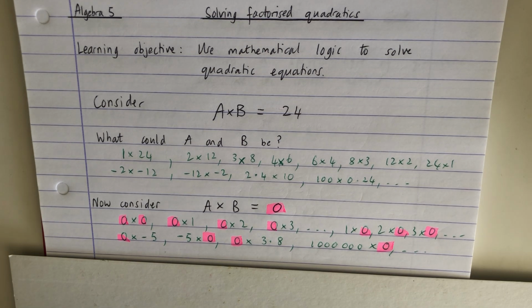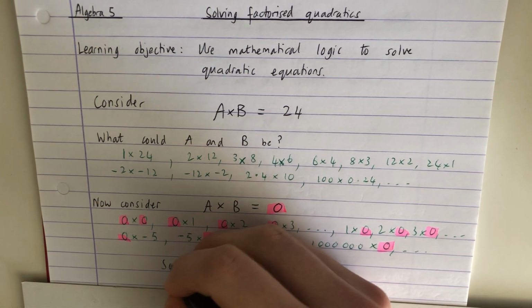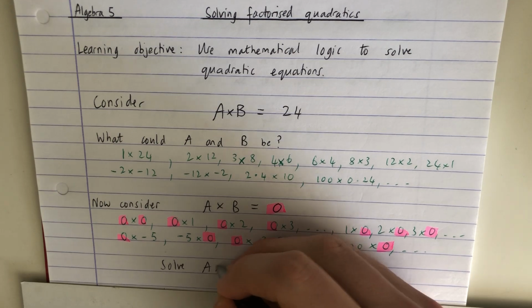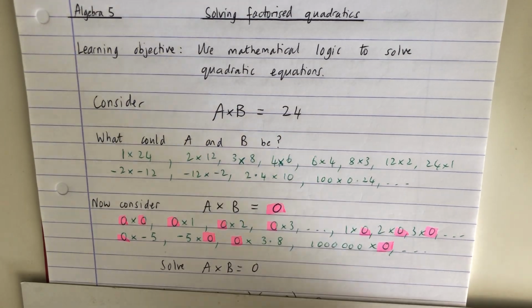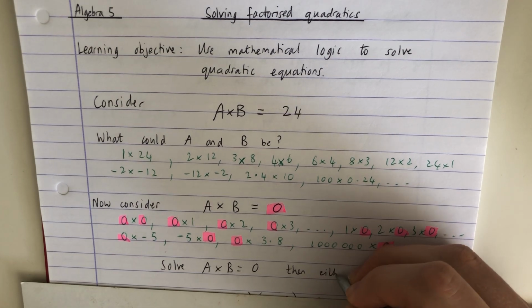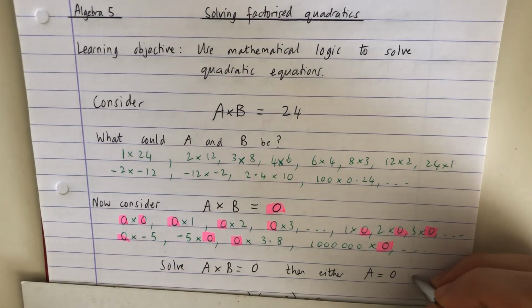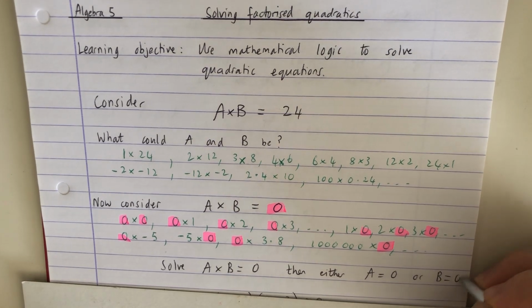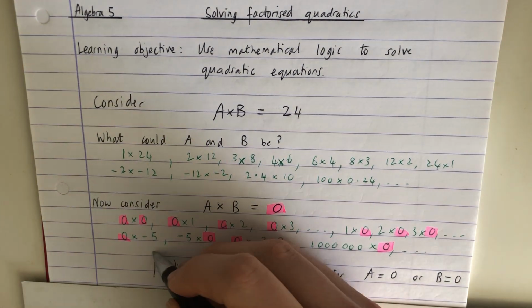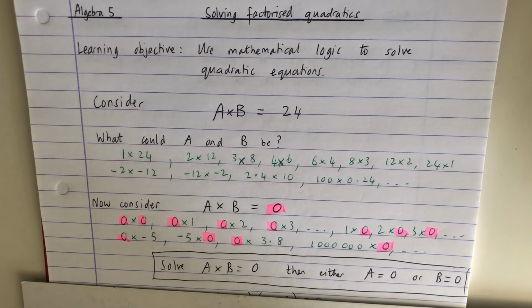That is the main logic you need to be aware of today. If you have to solve a times b equal to 0, then either a is equal to 0 or b is equal to 0. That is the logic we're going to apply to quadratics.